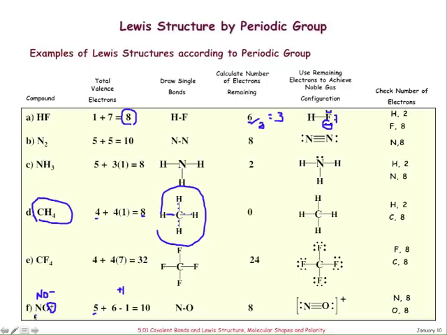The fact that in our example it's NO plus, it has 1 less electron, it's got 10 total valence electrons. The bond between them is 1 bond. That means that we subtract 2 for that 1 bond. There's a total of 8 remaining electrons that are left unbonded. That means that there are 4 lone pairs.